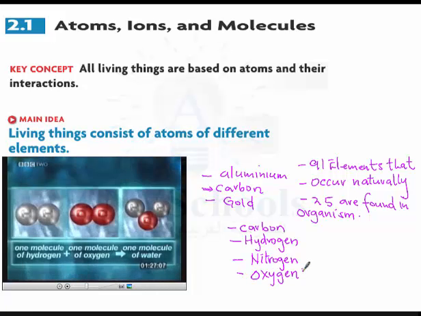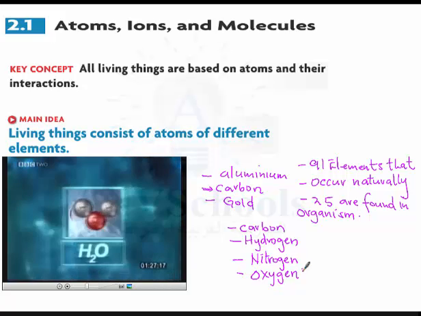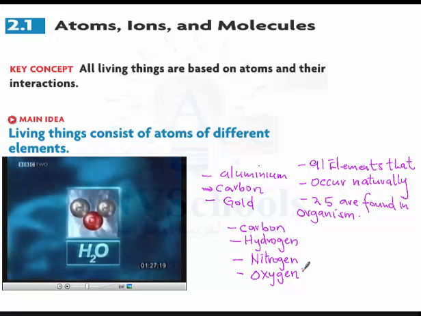But still, we have other elements which are also very important. We have calcium, which we know as very important.